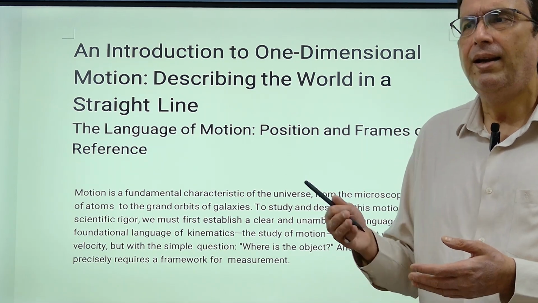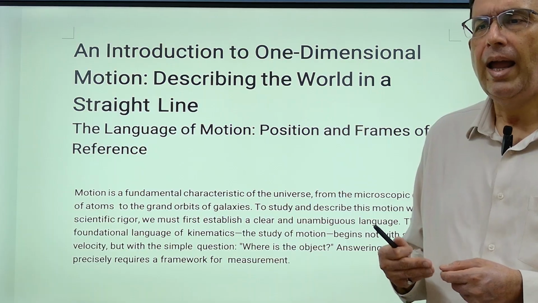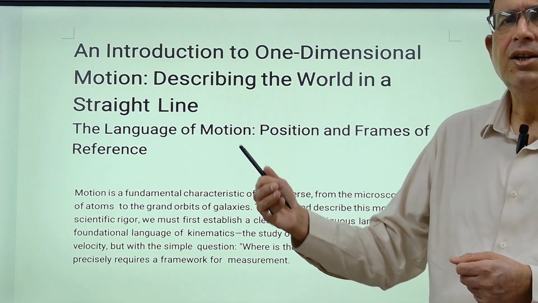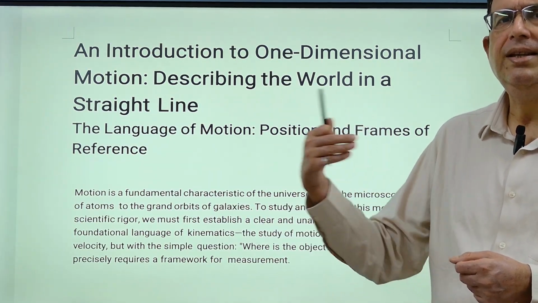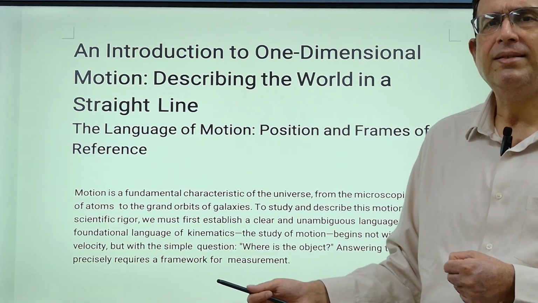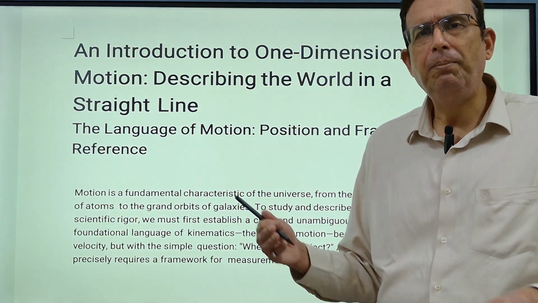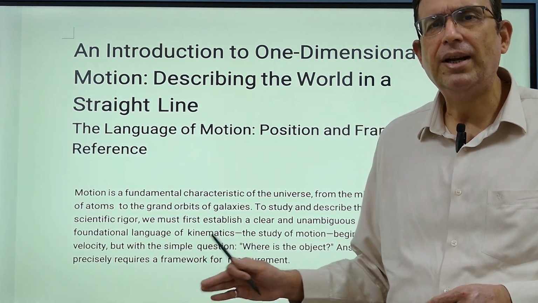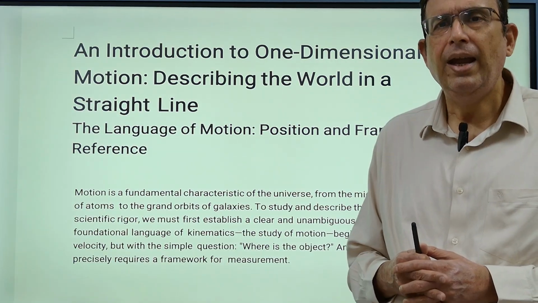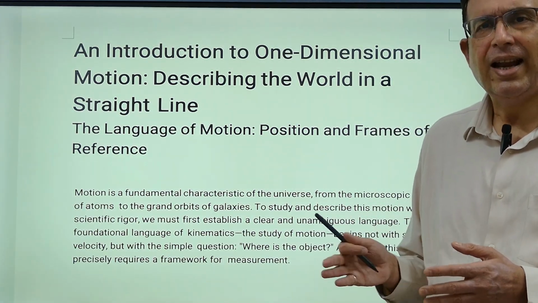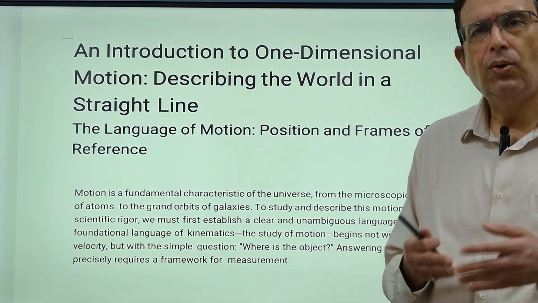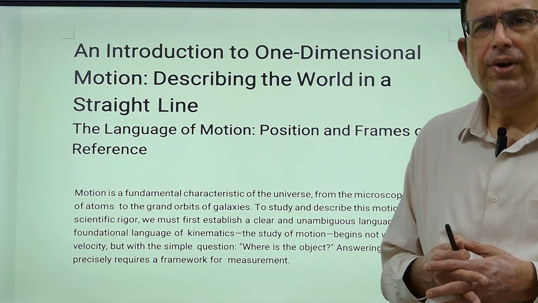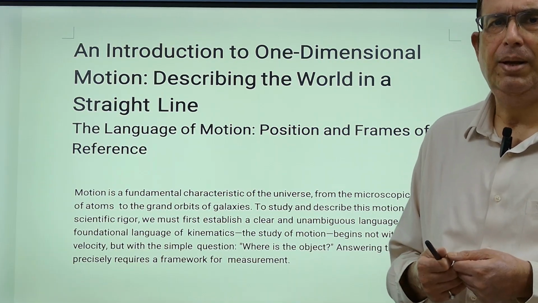Let us say I'm standing here and the position of a certain object with respect to me is 5 meters, but another person standing somewhere else will measure the position of the same object in a different way, and the value that he will ascribe to that position would be different. So that individual has a different frame of reference and I have a different frame of reference.